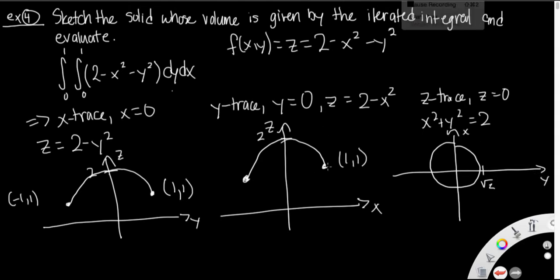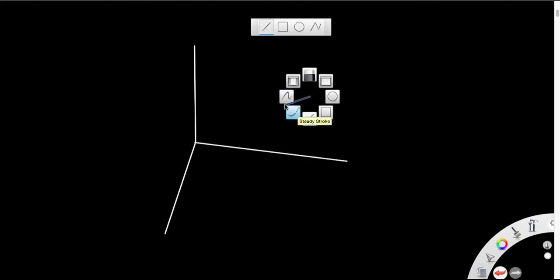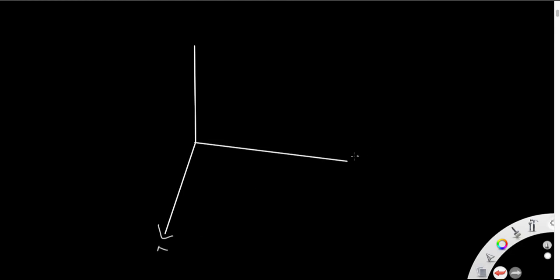So let's put everything we know together. X, Y, Z. We know that in the XZ plane, let's say this is 2 here, it'll range this way until x equals 1.